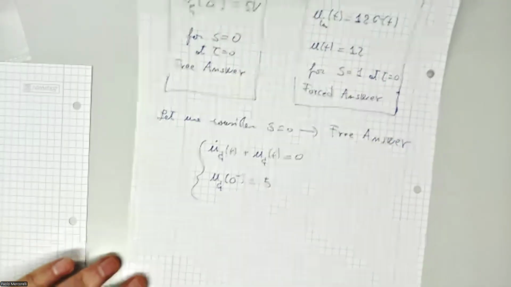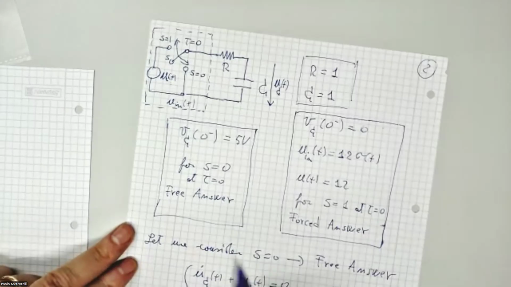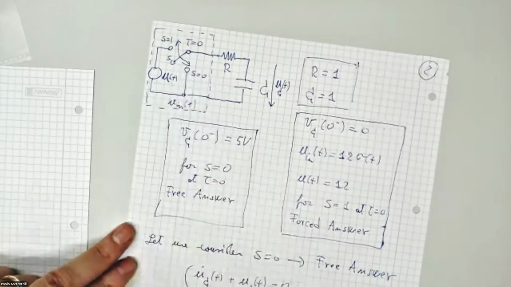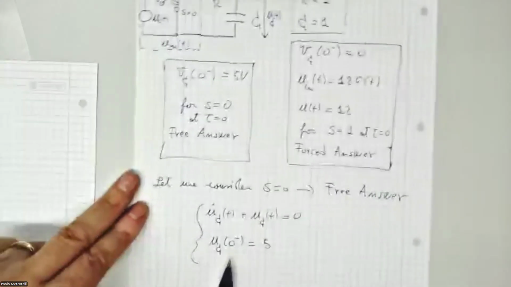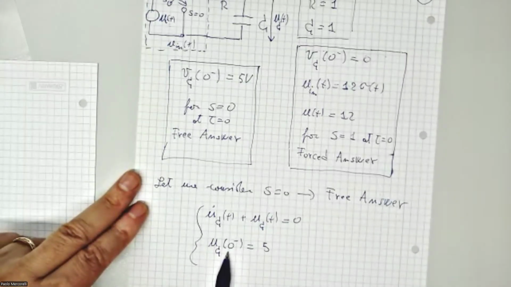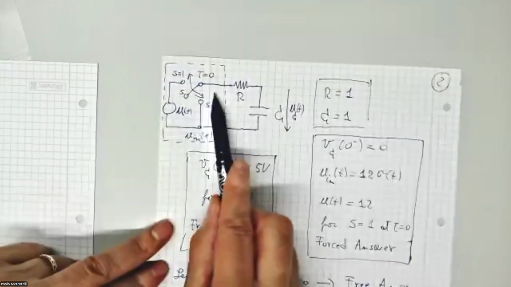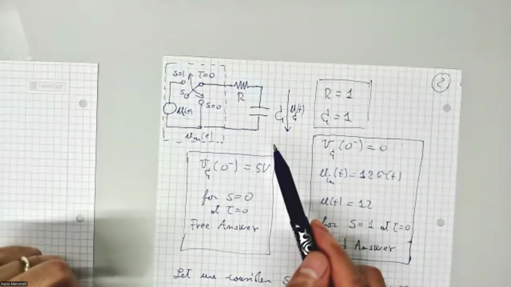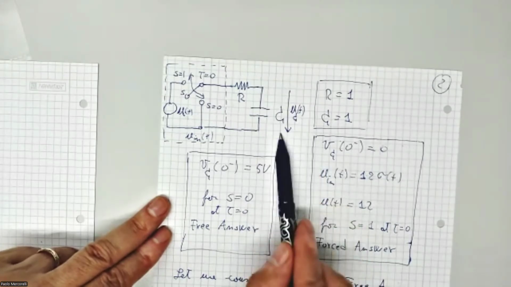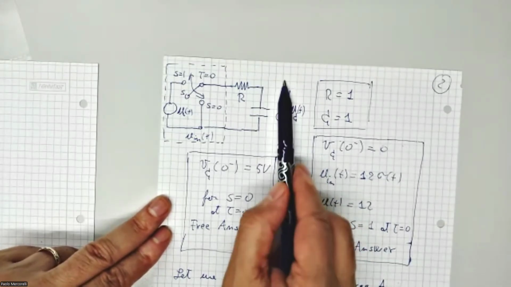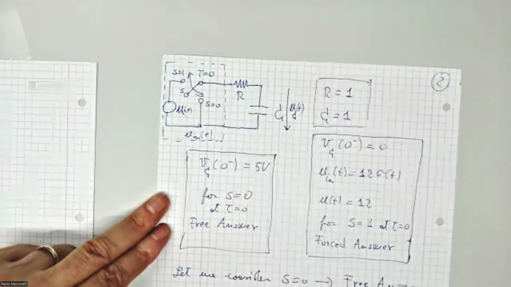This equation, I think I don't need to clarify. I already clarified this. It's the Kirchhoff balance when I close. But the information which I have is at time 0 minus, short before closing. But in any case, the voltage here, let me say plus the voltage here equals 0.